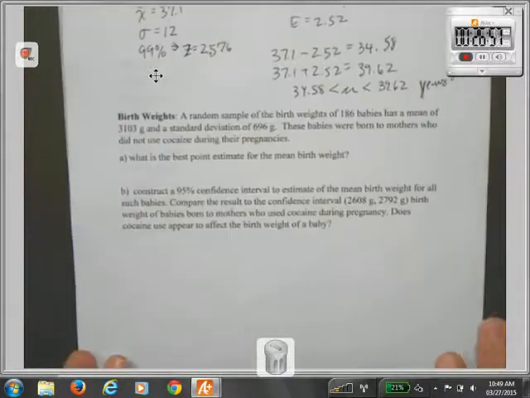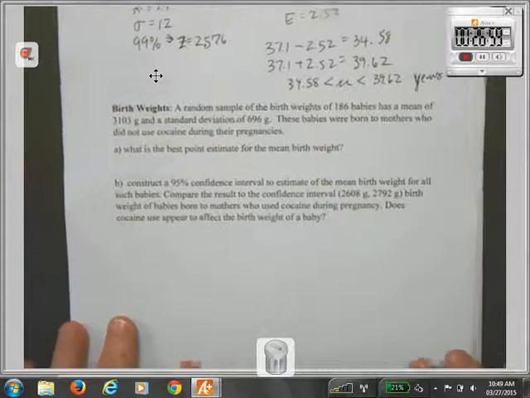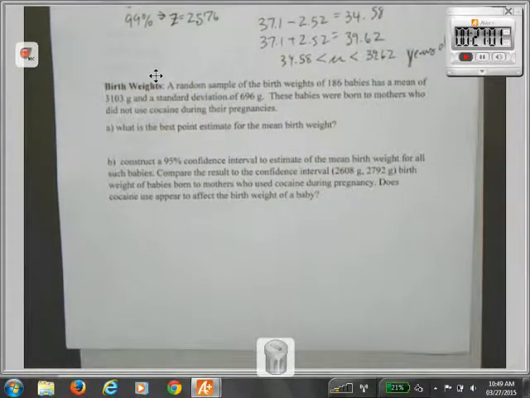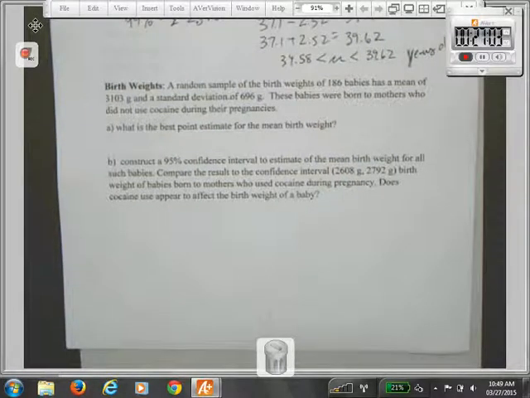All right, let's talk about birth weights of babies. And this one's got a question you're going to find funny too. Different kind of question going with this. Okay, a random sample of birth weights of 186 babies has a mean of 3,103 grams.